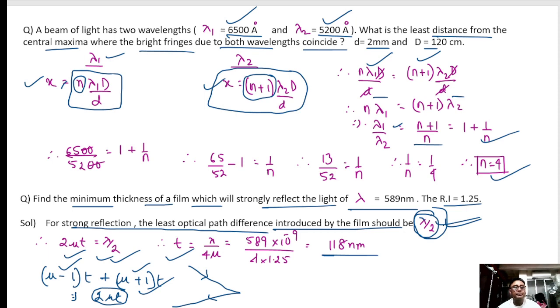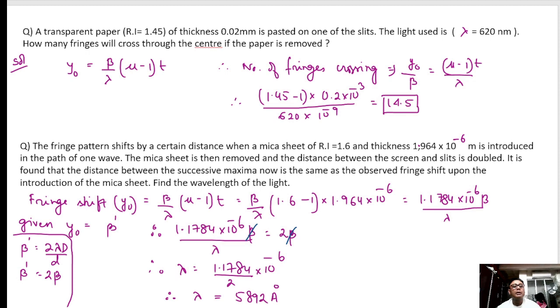Next is a transparent paper of refractive index this, thickness this, pasted on one slit. The light used is this. How many fringes will cross through the center if the paper is removed? Okay, so see, we know due to the introduction of the paper on the slit, the interference pattern will shift by this much, beta by lambda into (mu minus 1) into t.